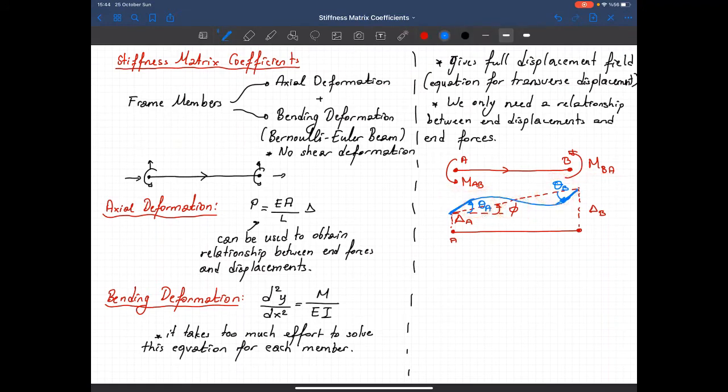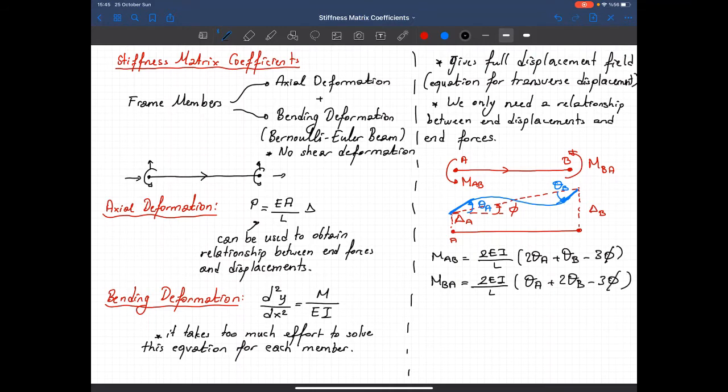displacements. These equations are called the slope deflection equations, and we have MAB is equal to 2EI over L times 2 theta A plus theta B minus 3 phi, and MBA is 2EI over L times theta A plus 2 theta B minus 3 times the chord rotation.